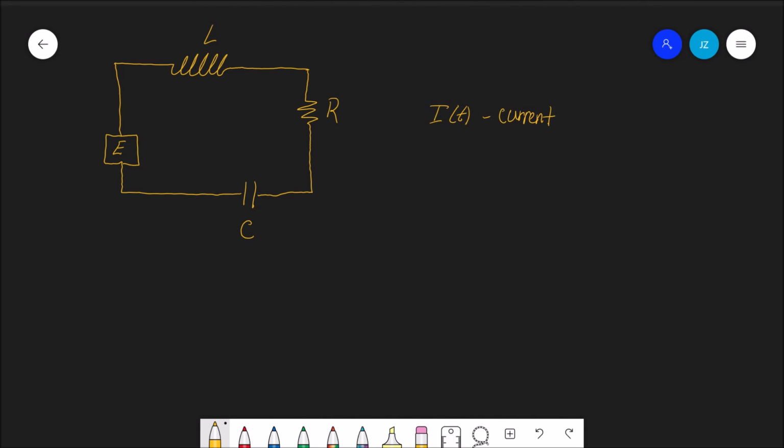Kirchhoff's second law will then give us L di/dt plus Ri plus 1 over C Q has to be E of t, where Q is the charge. These should be capitalized.